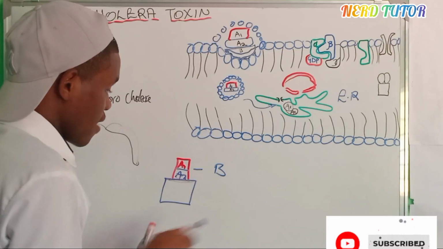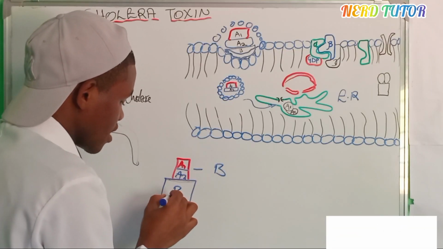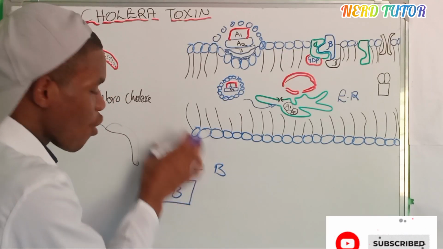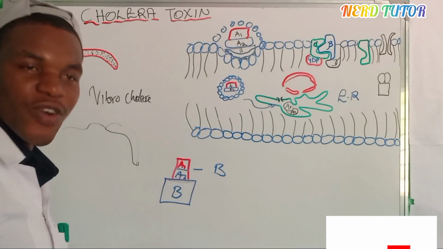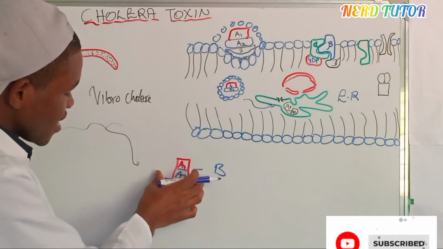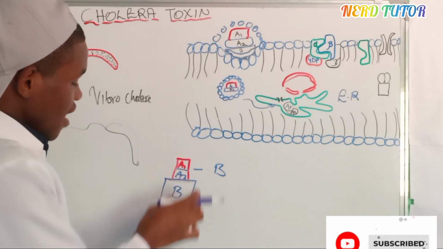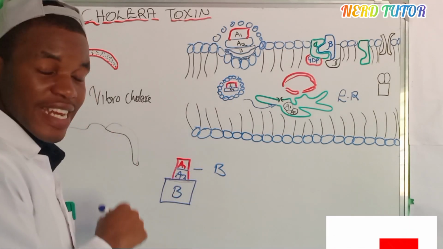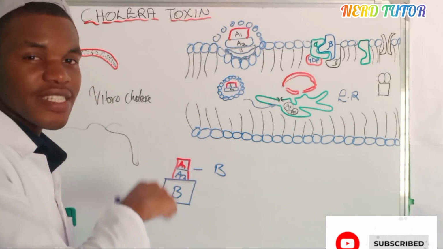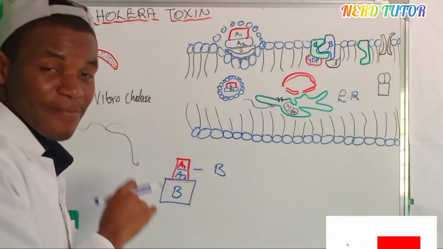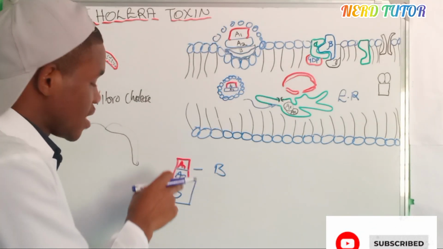This is the B subunit, and the B subunit is carrying the whole lot of the A domain. The A subunit is further divided: we have A2, which is carrying the boss, the most toxic part of the domain, which is A1.